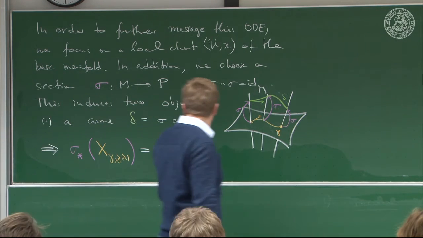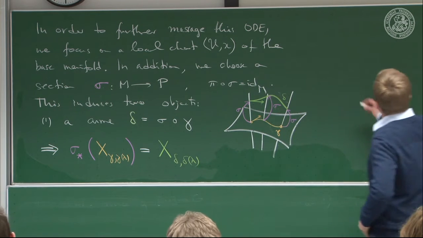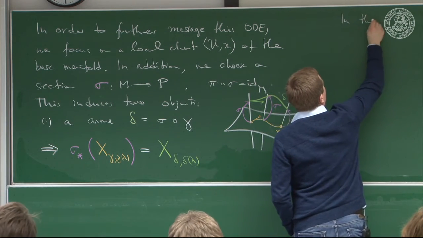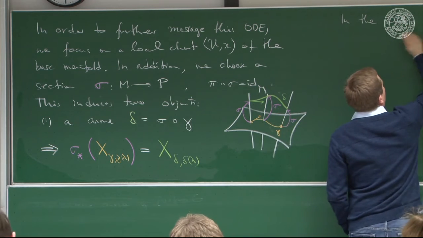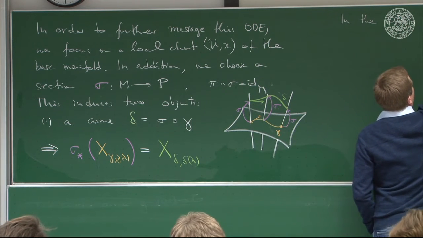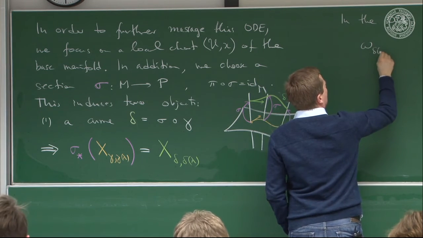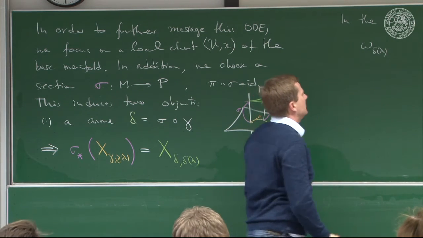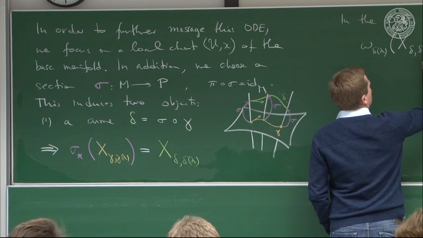So now, once we have that, we recall that in the ODE we have the expression omega along the arbitrary curve delta applied to the tangent vector to the arbitrary curve.